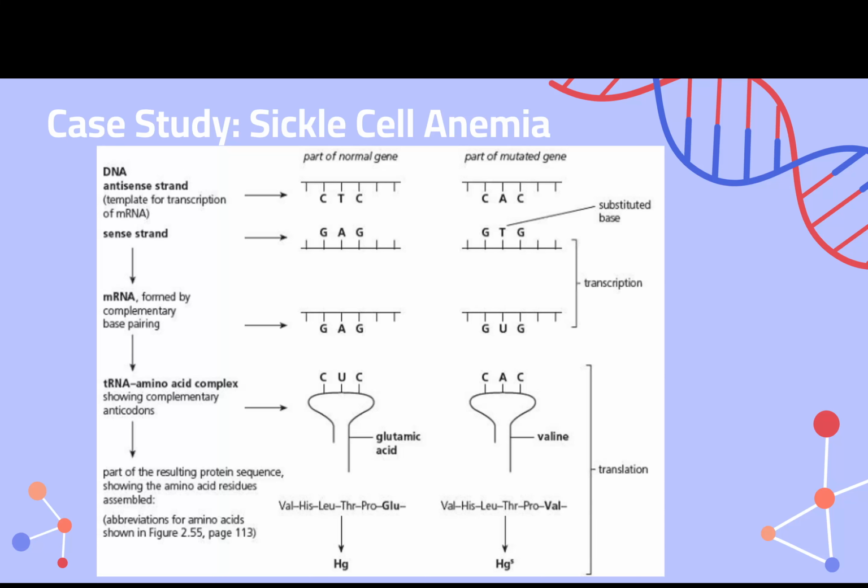So when it goes through transcription and becomes mRNA, it becomes GUG instead of the GAG, which means that the codon on the tRNA becomes CAC, which will code for valine, which changes the amino acid sequence or the protein sequence from glutamic acid to valine. So that's what causes sickle cell anemia.